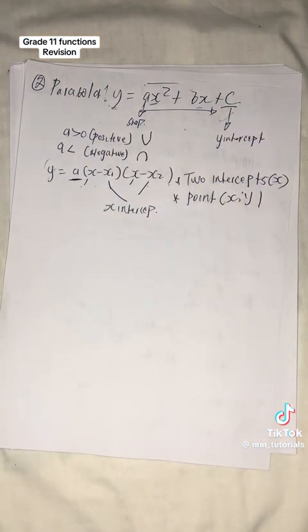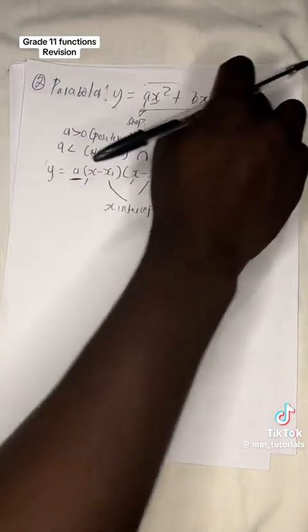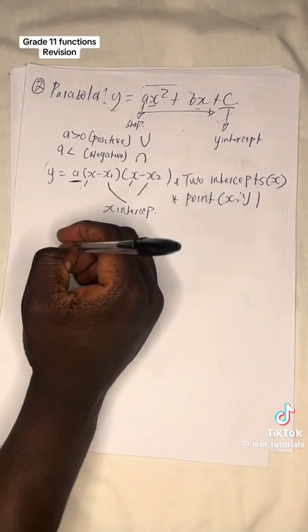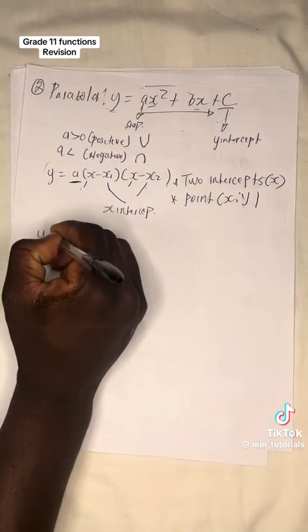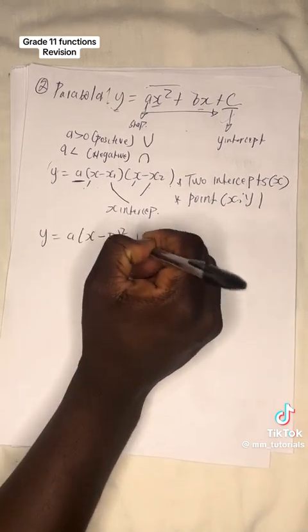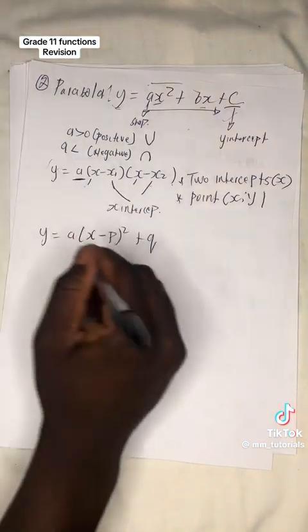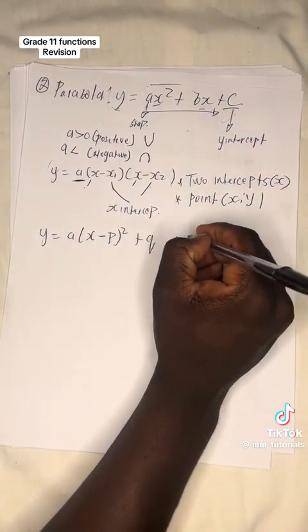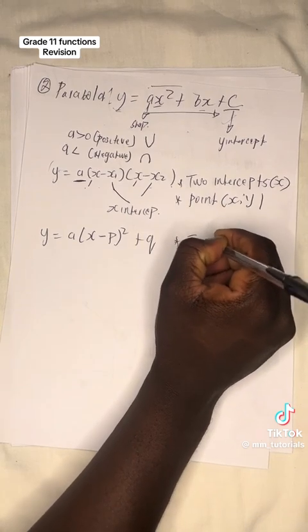So what is another equation that we use in a parabola to go back to this equation here? So we use y equals a times (x minus p) squared plus q. This one you use when you are given a turning point.